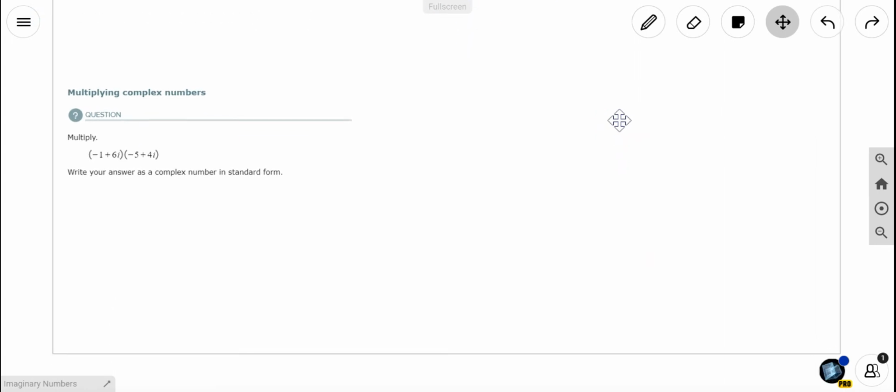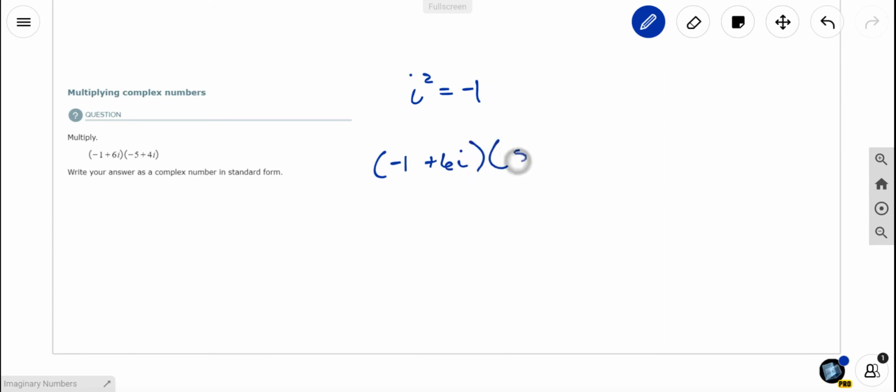All right, now you need to learn how to multiply. So you are going to use FOIL again, okay? So we're going to go first, outer, inner, last, and we're going to use, remember, i squared equals negative 1. That's what we're going to use here. Okay, so we got negative 1 plus 6i times negative 5 plus 4i.